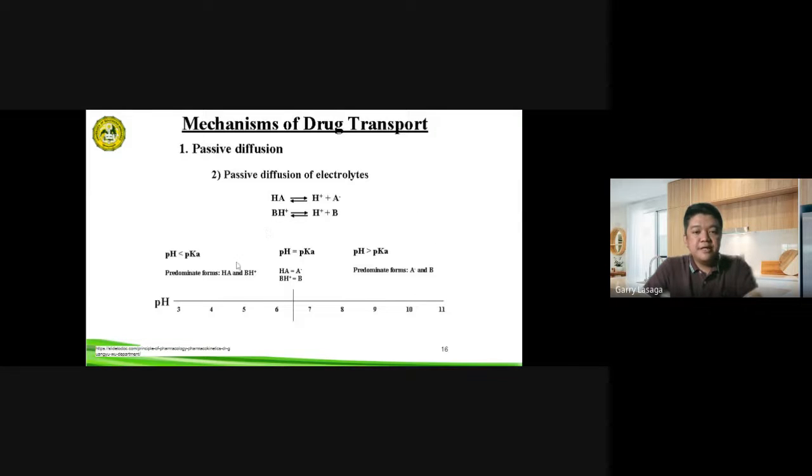When we are going to place a basic drug in an acidic environment, the drug will not be absorbed because the ionized form will predominate. And when we are going to place a basic drug in a basic environment, it will be absorbed because it is present in its unionized form.